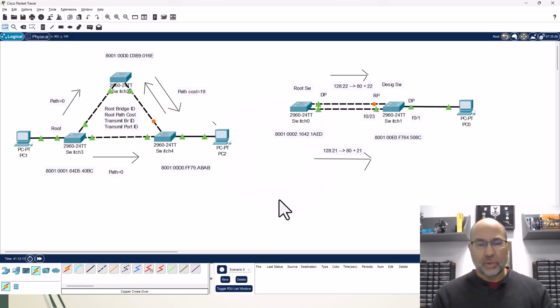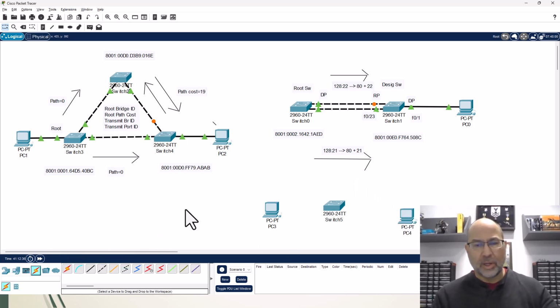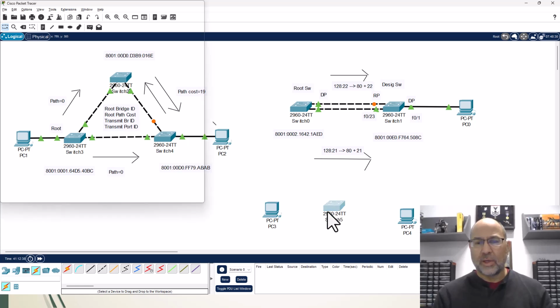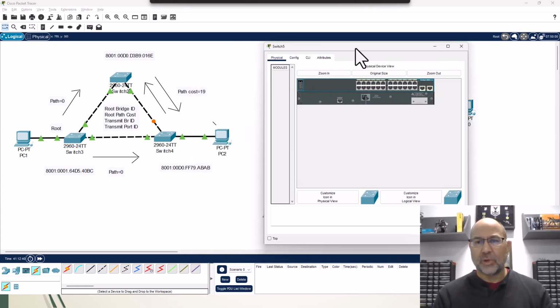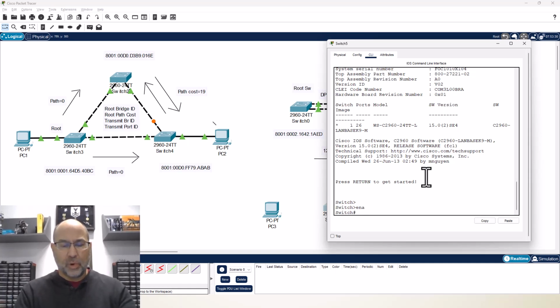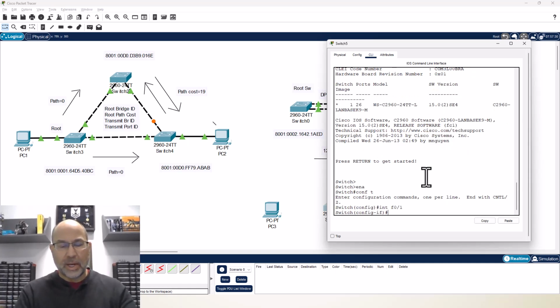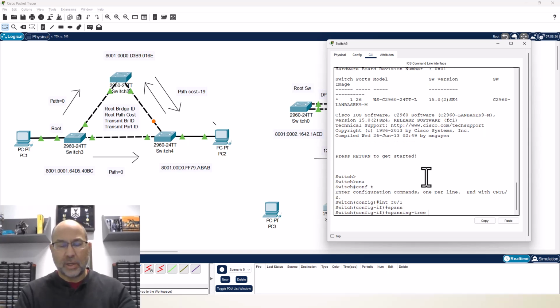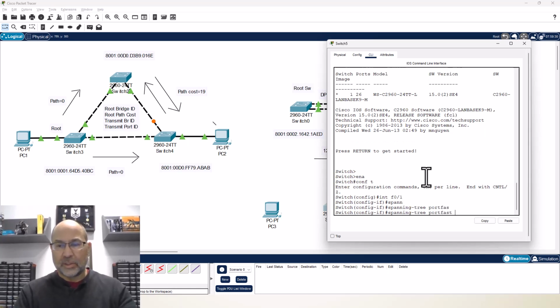Now, what I'm going to do is add a couple of nodes to a switch here, and I'm going to connect them, but I'm going to configure one of them as spanning tree PortFast. So I'm going to go into port 1, and I'm going to say spanning tree PortFast.